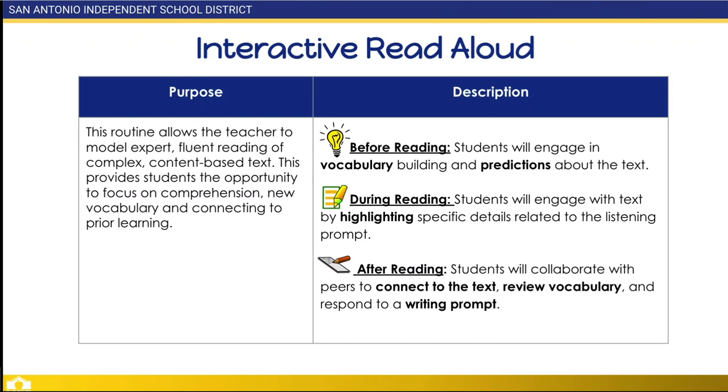Within this instructional routine, before reading the interactive read aloud, students will engage in vocabulary building and predictions about the text. During the reading, students will engage with text by highlighting specific details related to the listening prompt. After the reading, students will collaborate with peers to connect to the text, review vocabulary, and respond to a writing prompt.